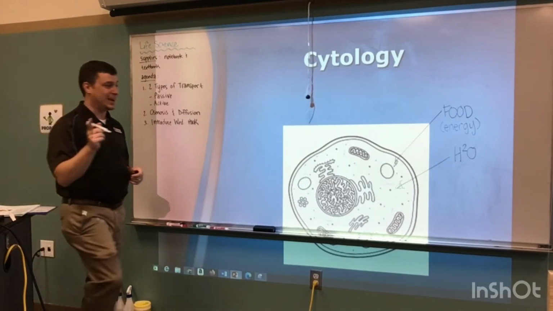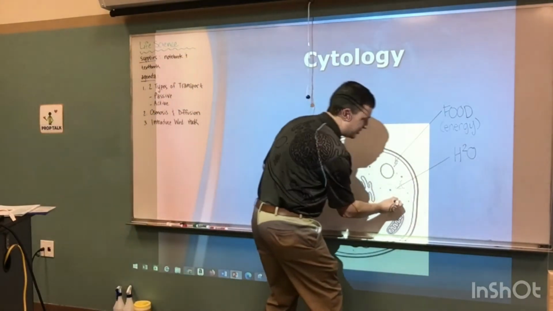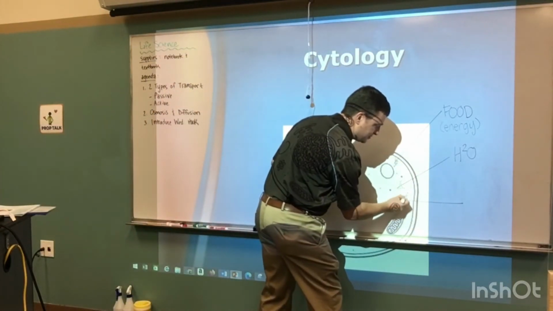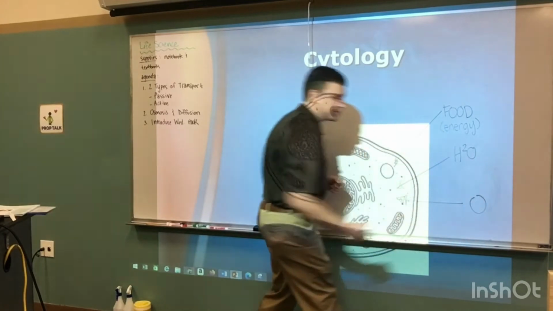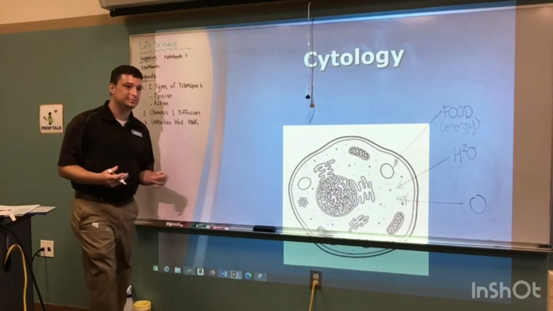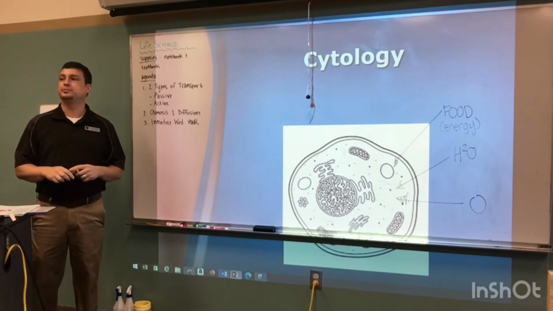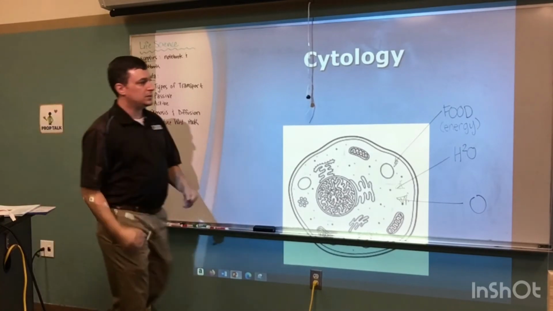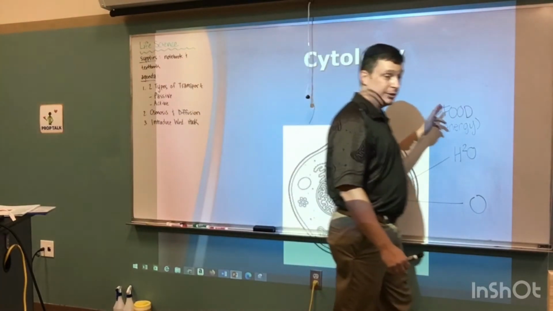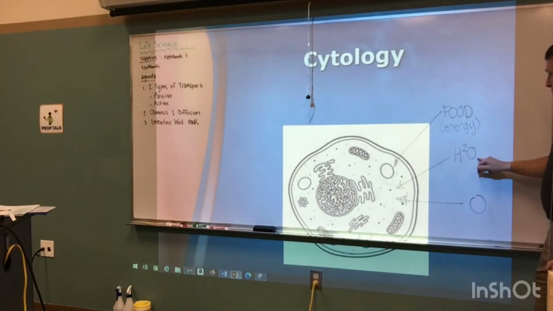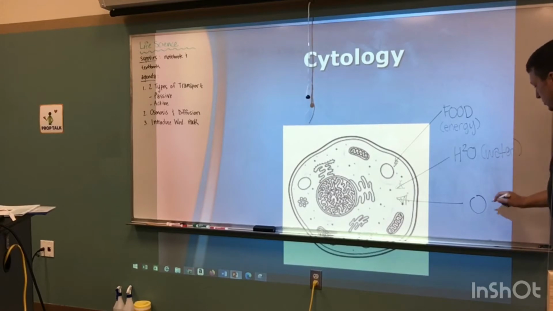Oxygen, absolutely. The cell needs oxygen, doesn't it? The chemical symbol for oxygen is O. So this cell really needs these three things: food or energy, water, and oxygen. Let's make sure to add these things to our illustration as well.